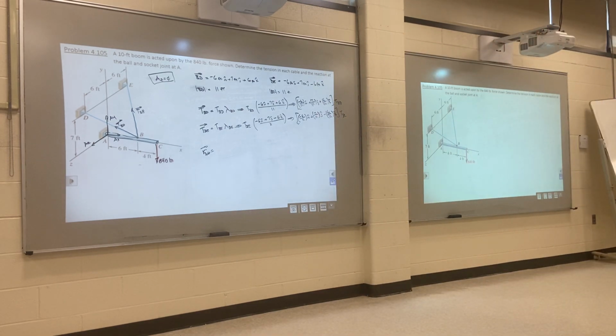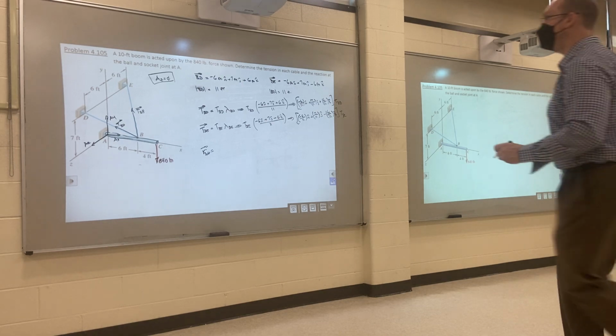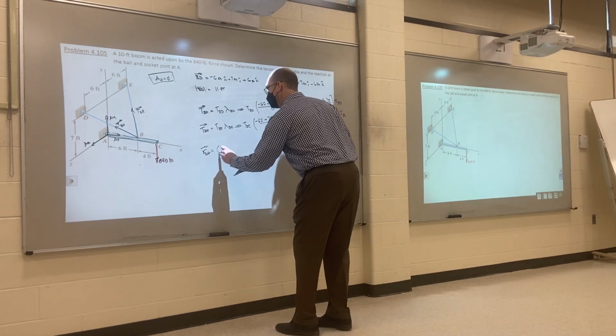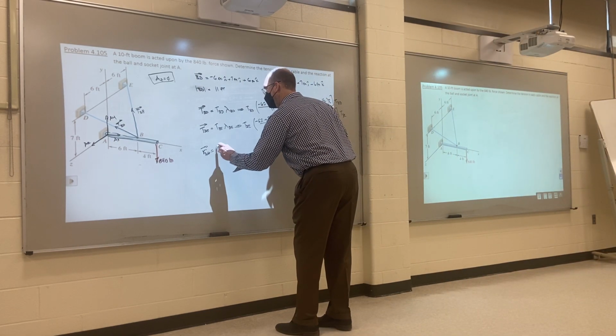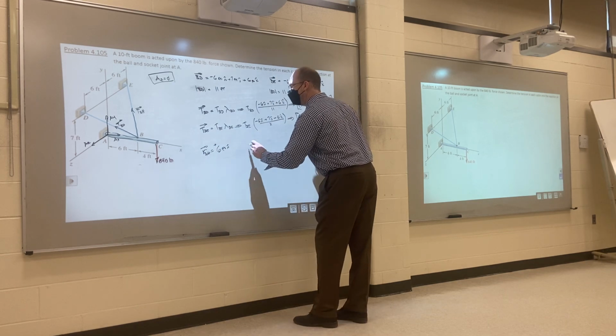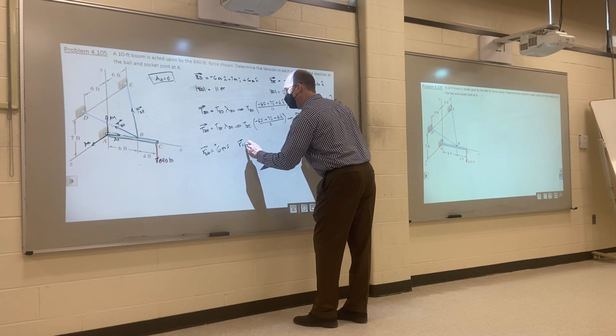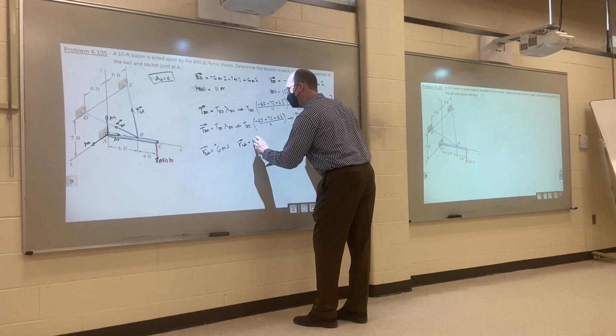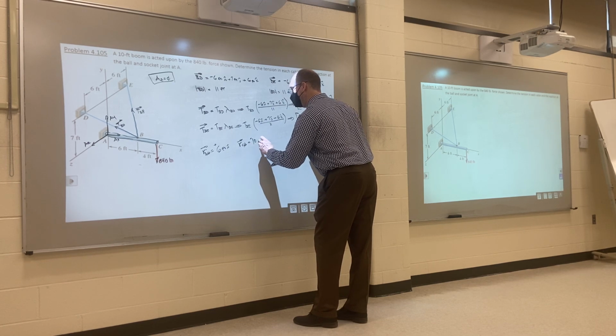What's the position vector for B with respect to A? Just 6. That's it, it's positive 6 feet i, right? 6 feet i, and how about C with respect to A? Positive 10, thank you. Positive 10 feet i.